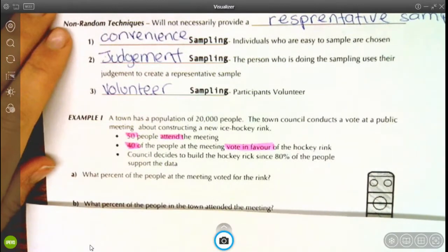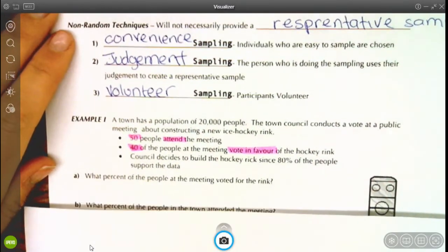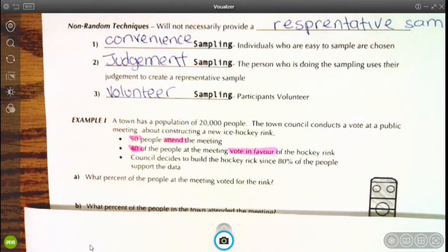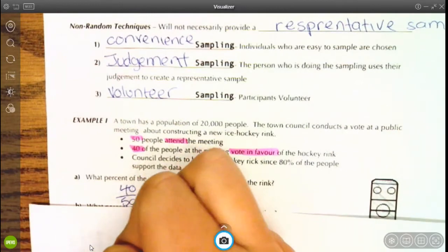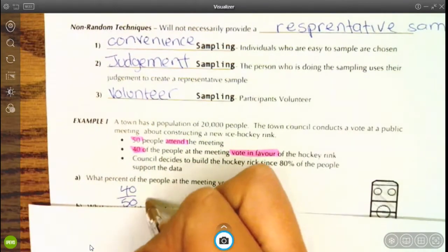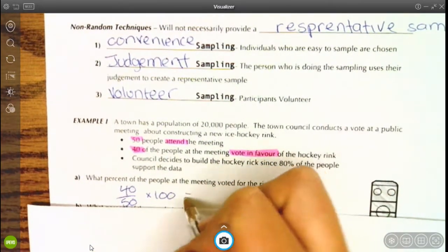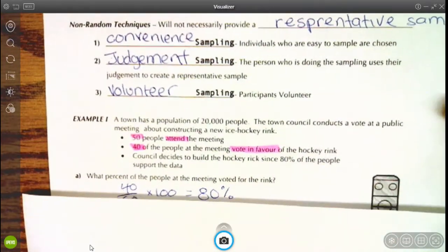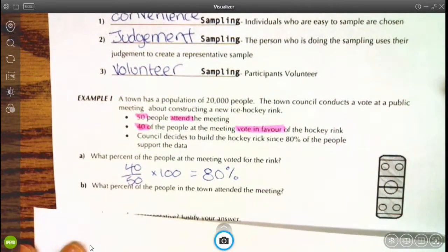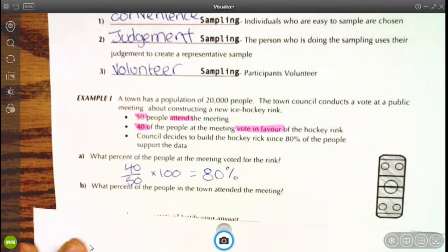So what percent of the people at the meeting voted for the rink? So 40, we said, out of 50. If we take 40, divide by 50, multiply by 100, that's 80% voted for the rink. What percent of the people in the town actually attended the meeting?